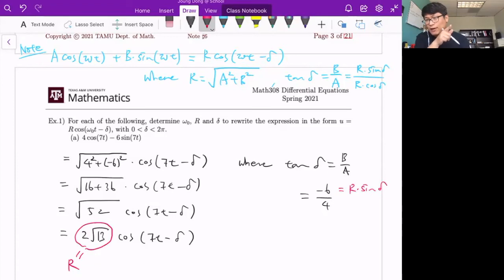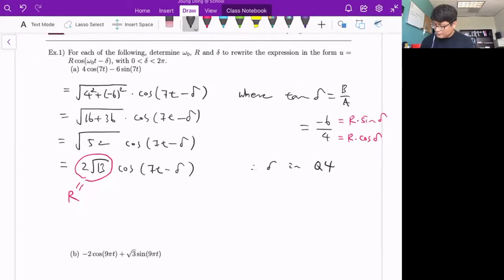And cosine delta is positive, which means delta must be in the first or fourth quadrant. The intersection of these two is the fourth quadrant. Does it make sense? So delta must be in the fourth quadrant.